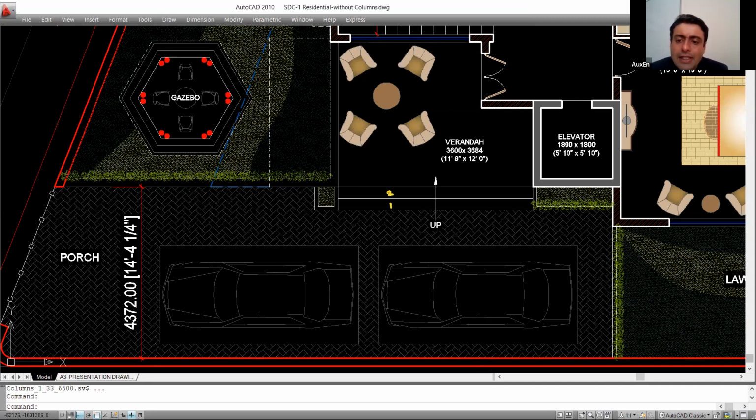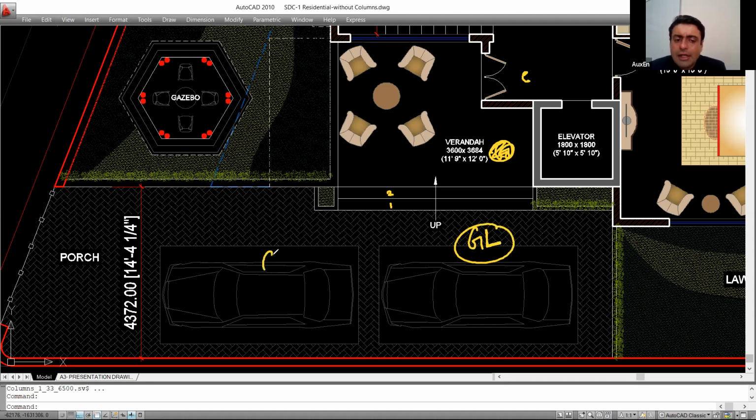Why do you require the steps? Yes, of course. We require the steps because we would like to have this floor level slightly above the ground level.